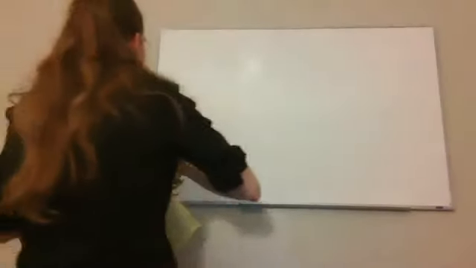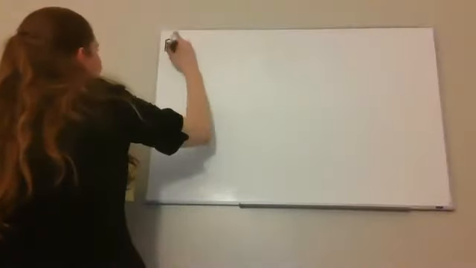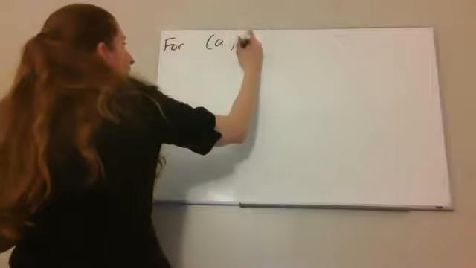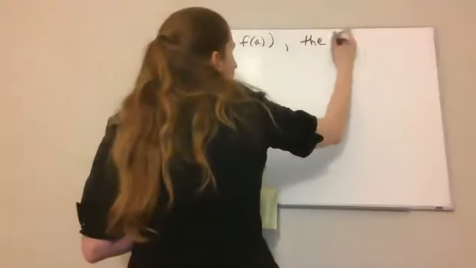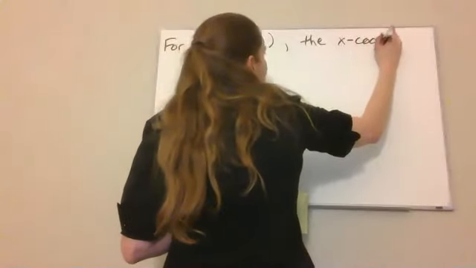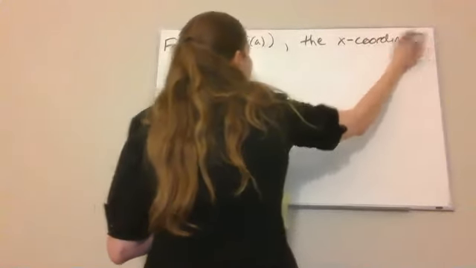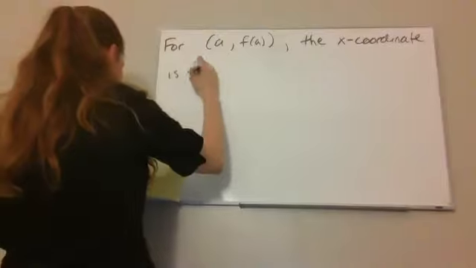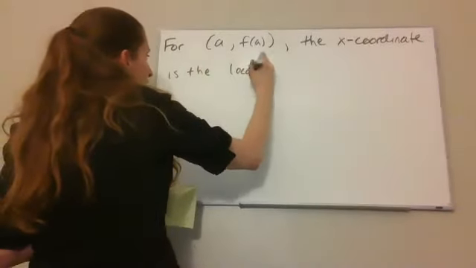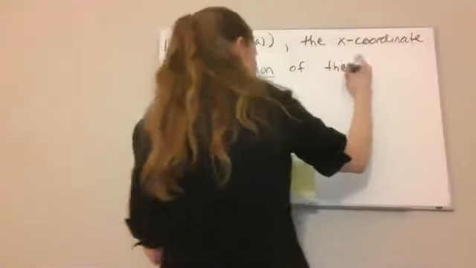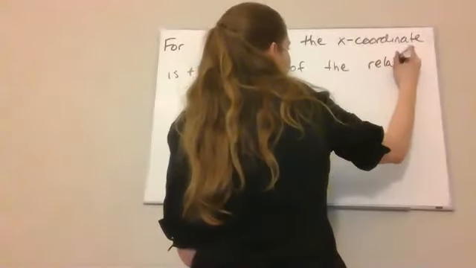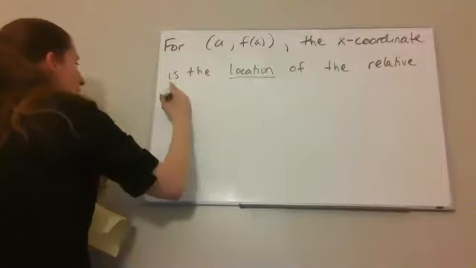For a particular point, (a, f(a)), the x-coordinate is the location of the relative maximum or minimum.